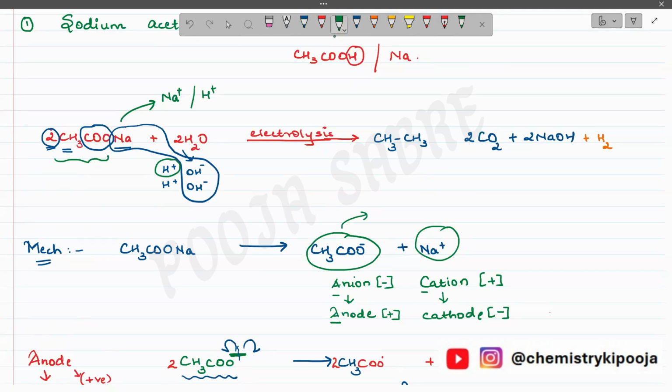For that, always remember, we are going to follow the reduction rule. Hydrogen has more reduction potential than sodium. I repeat, hydrogen has more reduction potential than sodium. So out of these two, hydrogen is preferred over sodium at the cathode.